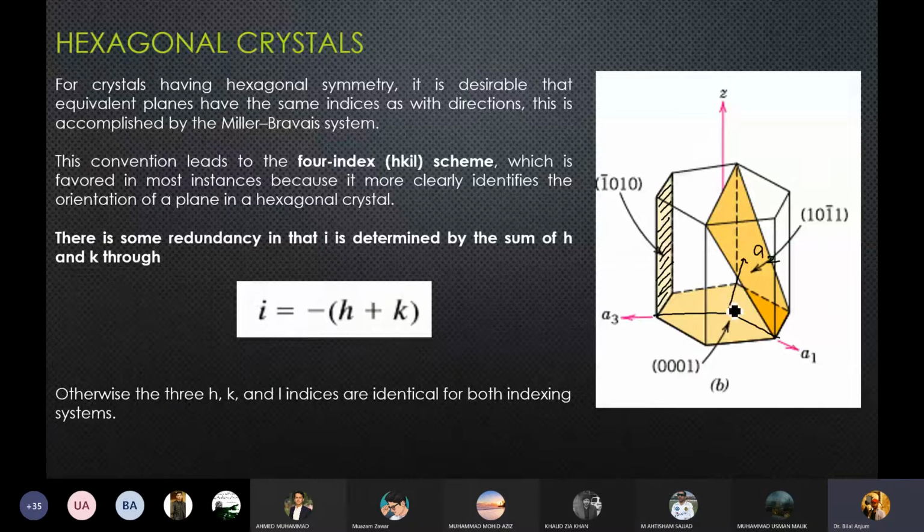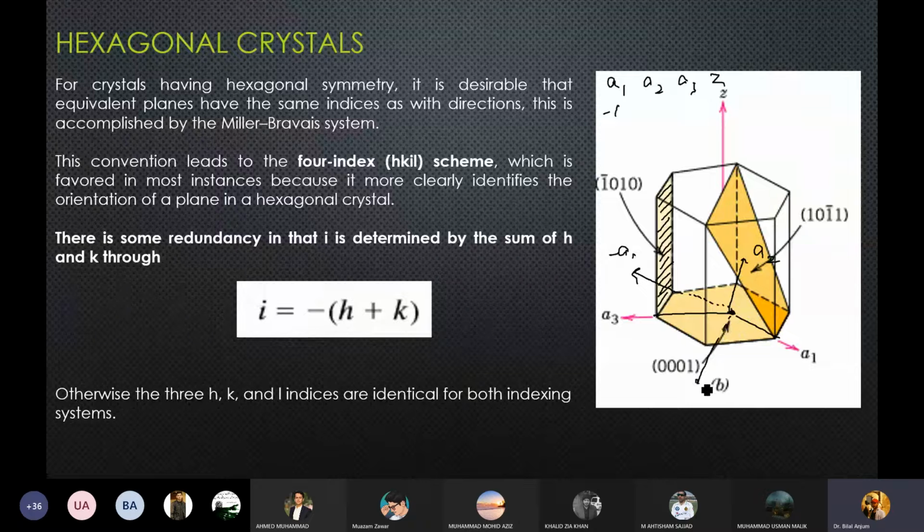So if the plane is not passing through the origin, let's look at the intercepts A1, A2, A3, and Z. If I draw the negative Z axis and negative A1 axis, is the plane cutting negative A1? Yes, sir. Minus 1.